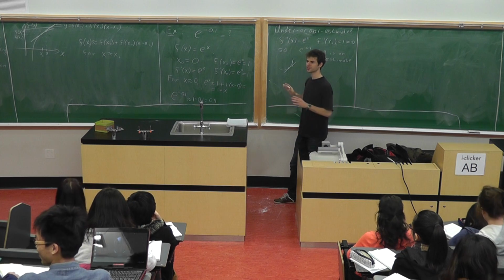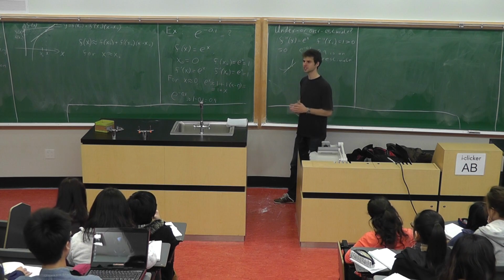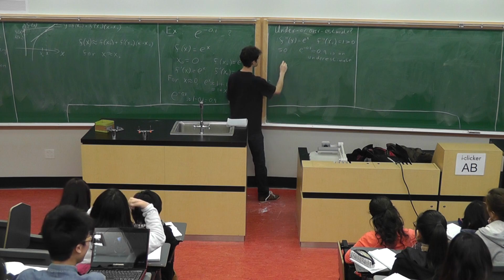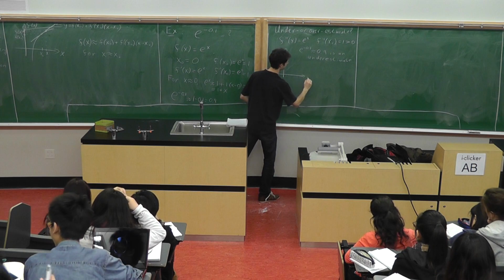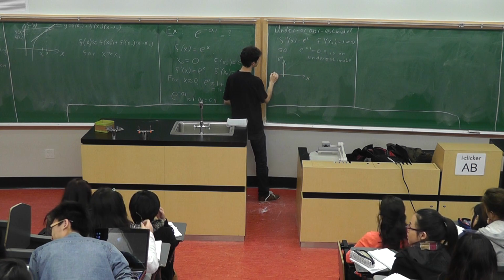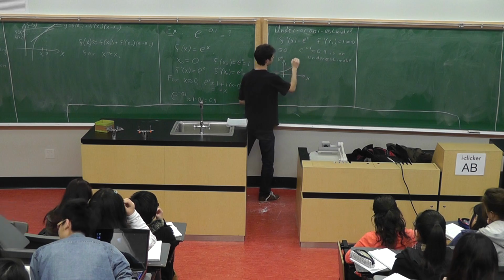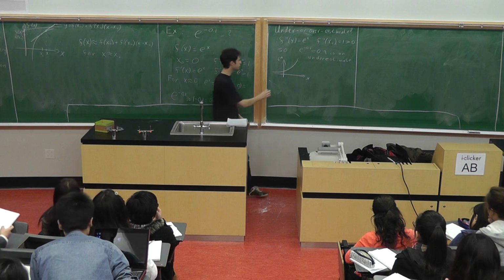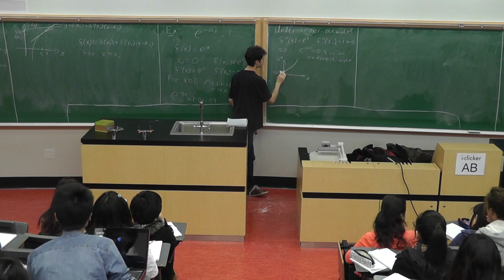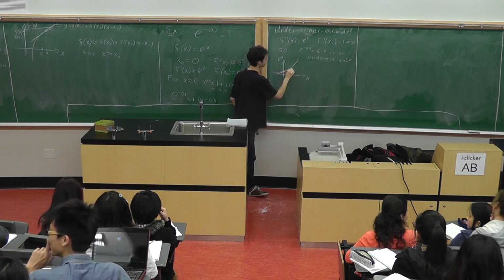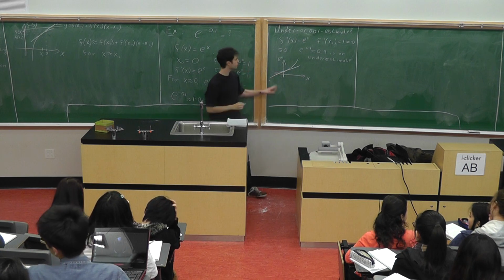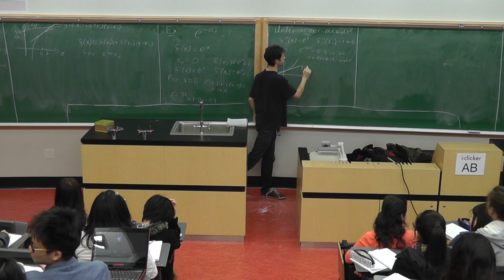If you want an even more precise graph, it looks like this: e to the power x. And what we did, we found the approximation at the point x equal to 0, which happens to be y equal to x plus 1.